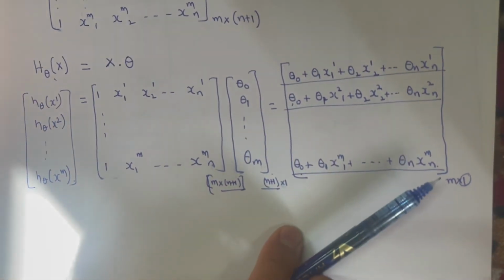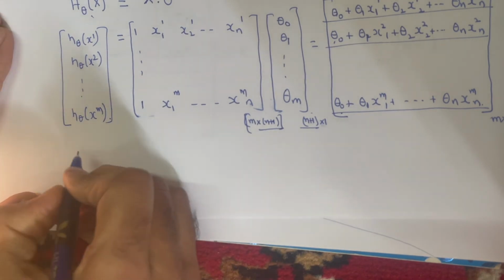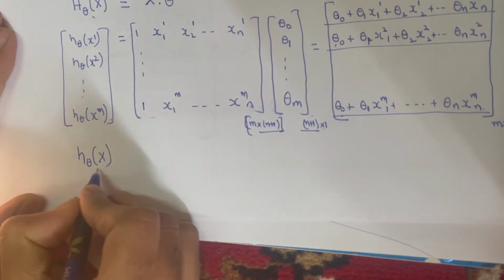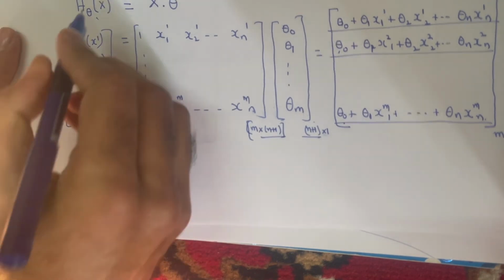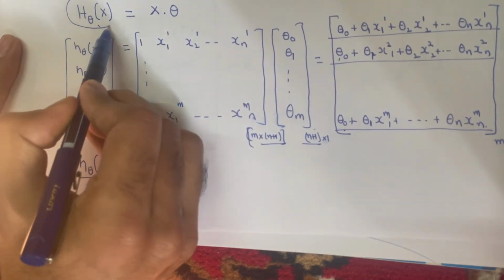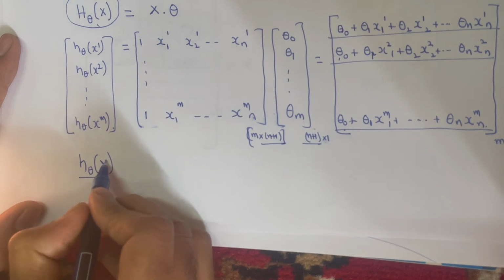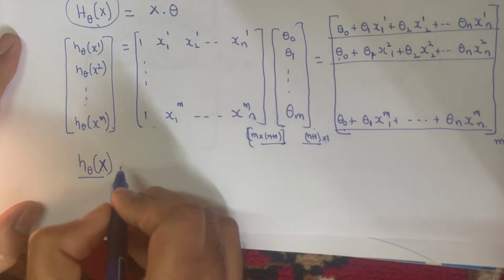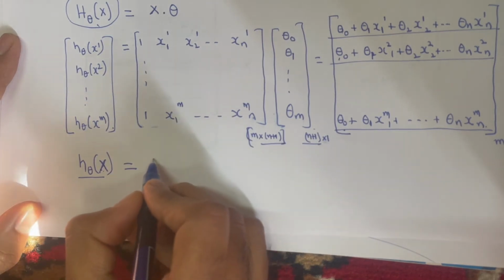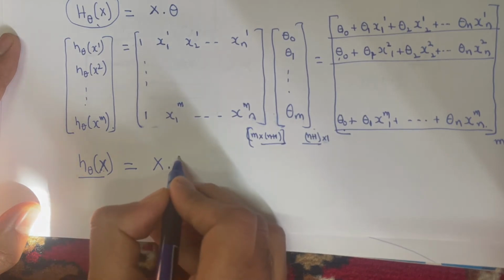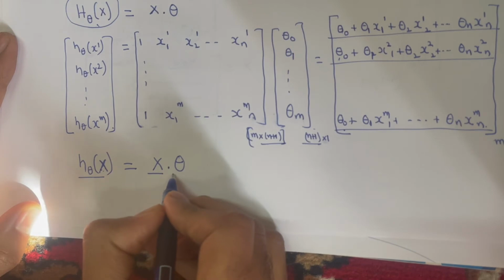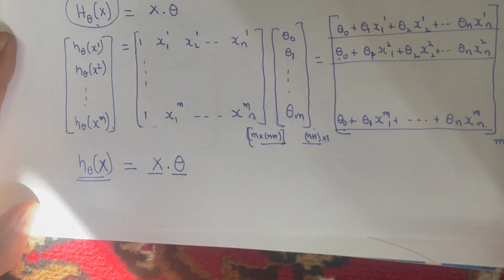That means we can write our hypothesis function h of theta X, the hypothesis matrix, because we are writing capital X here. Capital X here means matrix, the entire data set. And this is equal, in matrix format, to X dot theta. This is also a matrix.